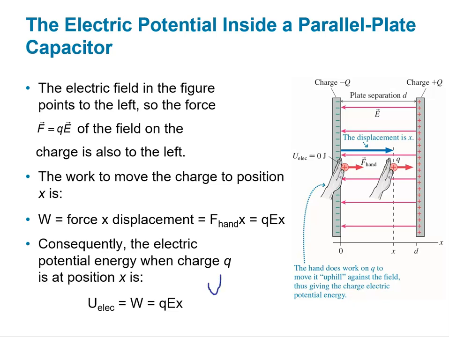So we know that U divided by Q is equal to E times x. All I did was divide both sides by Q.